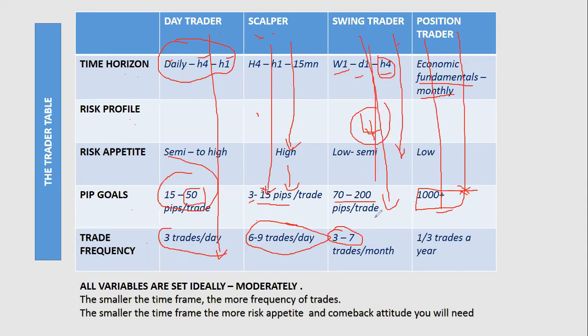So the swing trader is looking for 3 to 7 trades max a month. If he takes 5 trades and 2 or 3 go to losses, he is still able to survive.